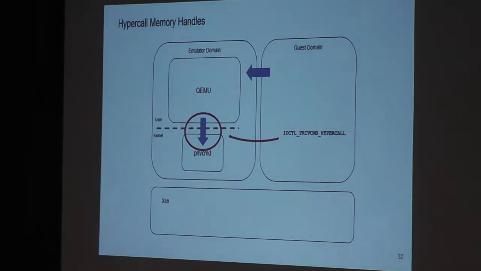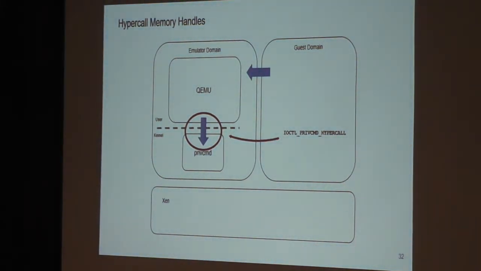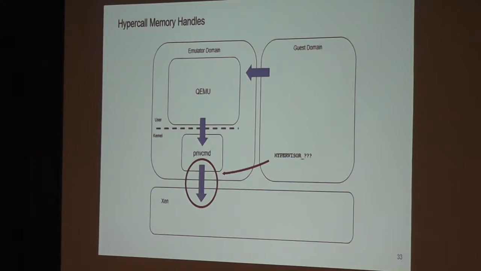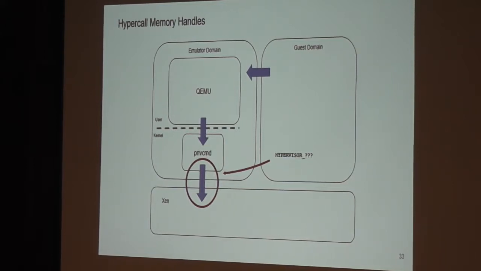Now, the compromised QEMU talks to privcommand and tries to cause it to issue a hypercall. Privcommand then issues the hypercall to Xen. But the interface in privcommand that's used to issue hypercalls, you can use to issue any arbitrary hypercall you like. So basically, QEMU can just go and do anything it wants to Xen, to try and attack Xen.